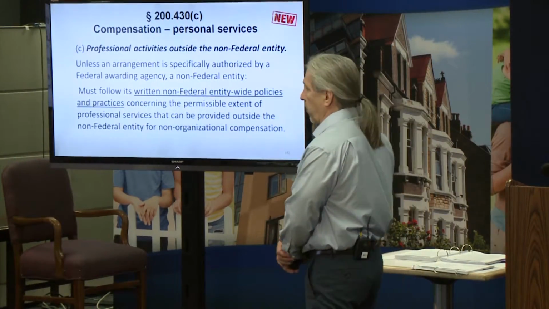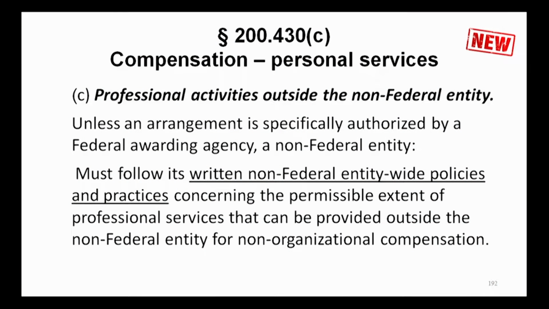430, paragraph C. So this is kind of an interesting one. Paragraph C addresses professional activities outside the non-federal entity. So this is someone who maybe is a professional entity within the organization.